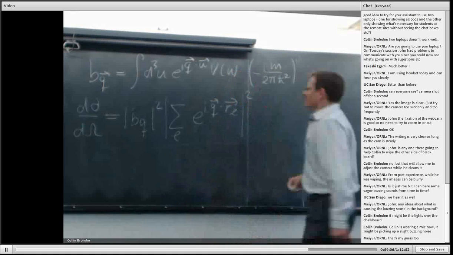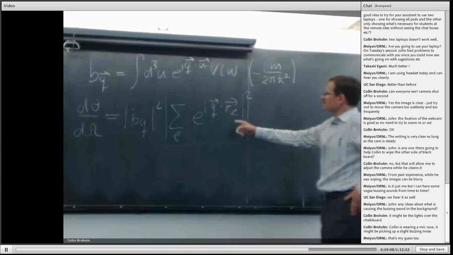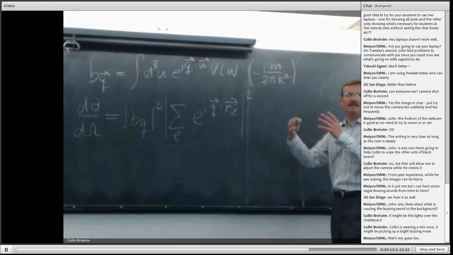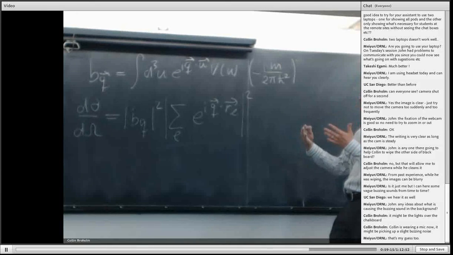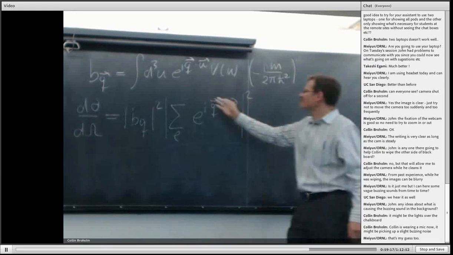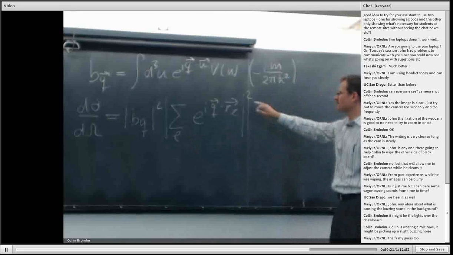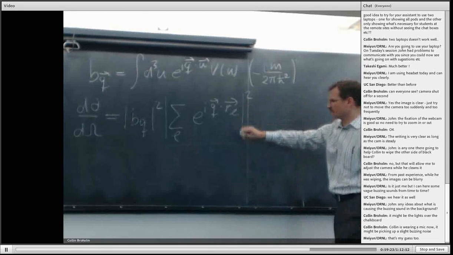Okay, so if I have a periodic structure, because of it being periodic in real space, it will be periodic in reciprocal space, and it's going to be a very spiky type of function.